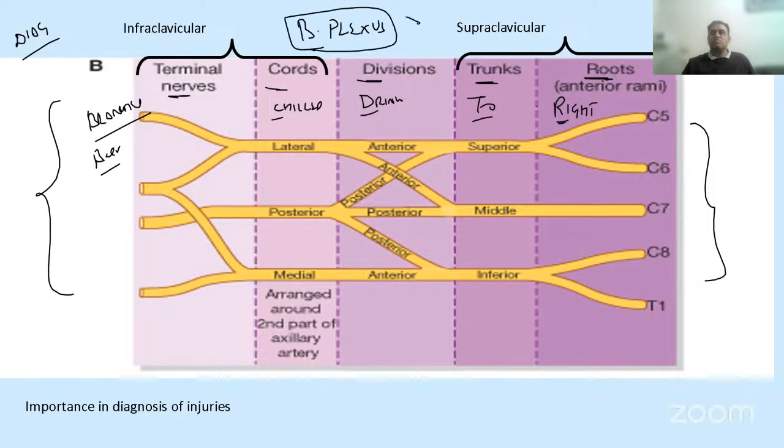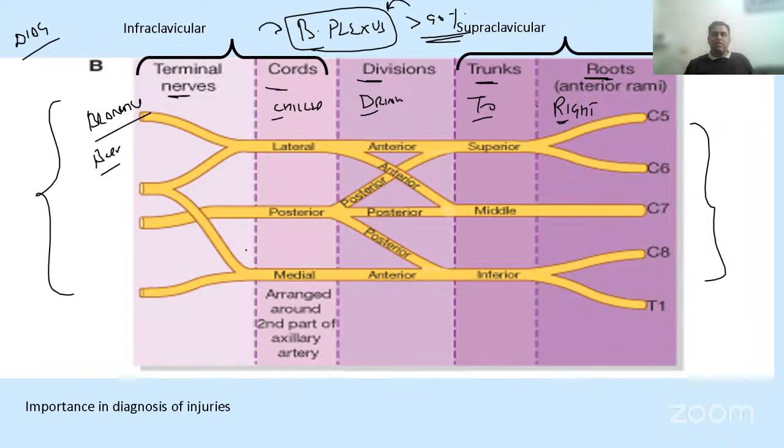I am sure about it. Mark my words. So if you are giving a paper with the upper limb as one of the topics, brachial plexus is the most important topic from the entire upper limb. It has 9 out of 10 chances of coming in the exam.